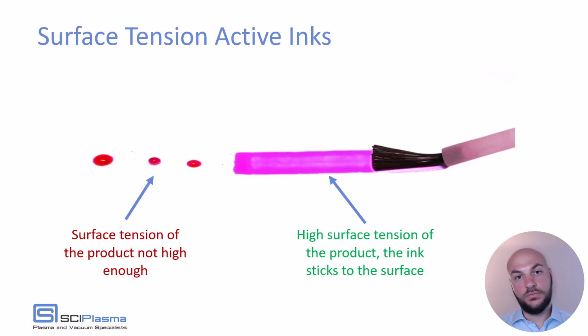And so we know that the product has been cleaned correctly. Again, this is a very, very simple technique. These inks can be taken into clean rooms and very quickly verify if the product after the plasma process is cleaned correctly or not. And they are a very simple and effective way of checking if the process is running.